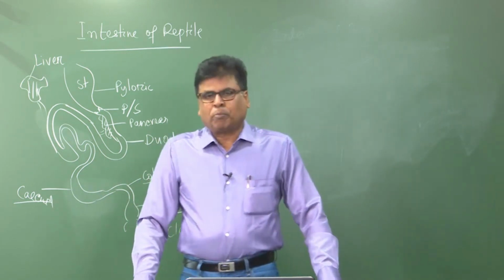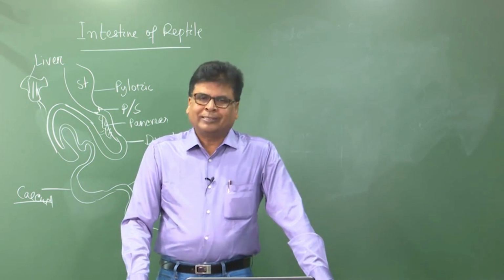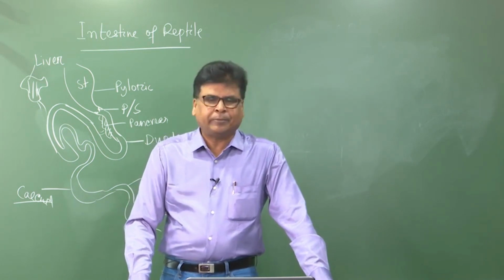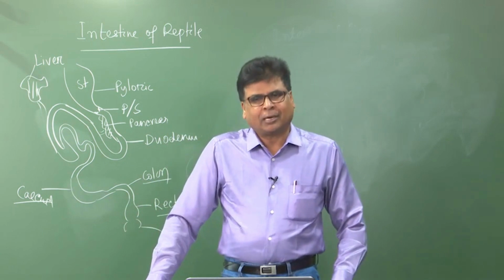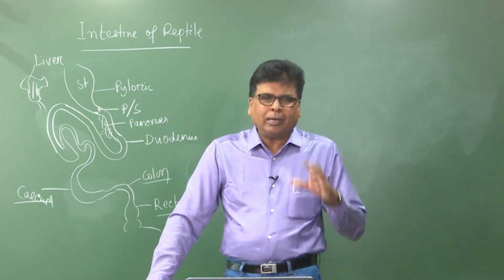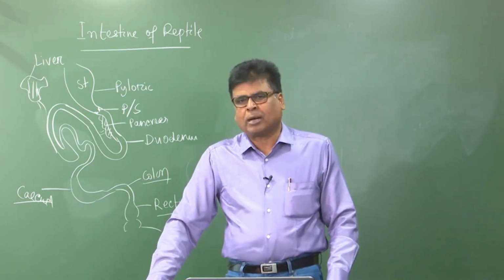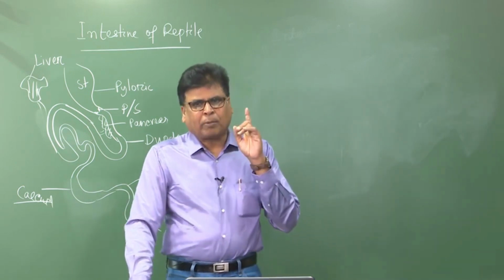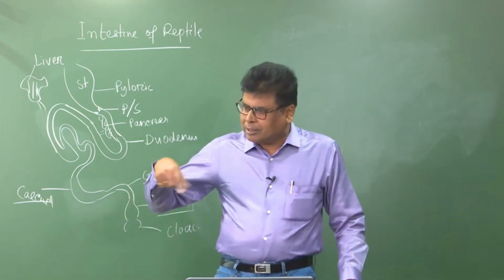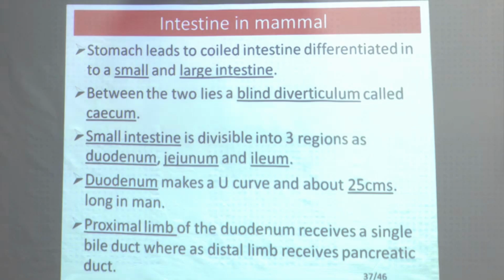The intestine is divisible into small intestine and large intestine, and the small intestine starts from the stomach. So in mammal also the stomach leads to a coiled intestine, differentiated into small and large intestine.